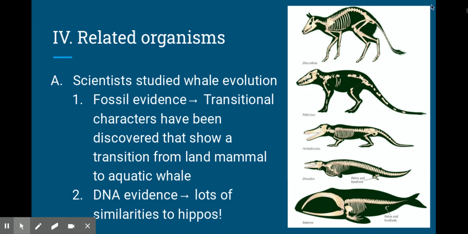It looks a lot closer to a modern mammal that we know to live on land. So these transitional characters here in the middle show how a walking land mammal could end up being a whale. The DNA evidence shows that whales are super similar to hippos. And hippos, as I'm hoping that you know, can live both on land and in water.